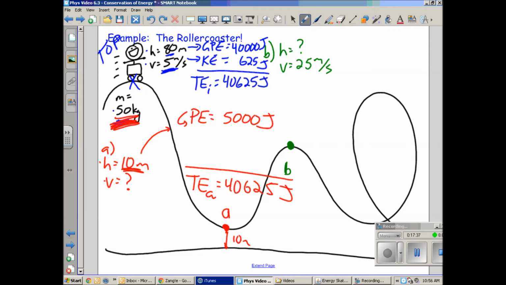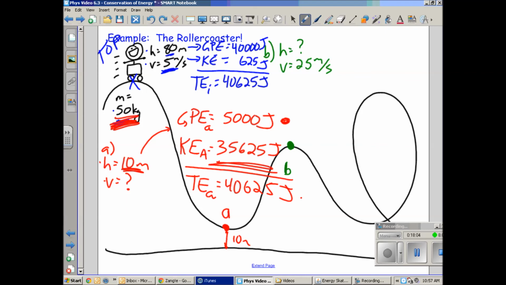So if I know my GPE at point A and my TE at point A, I should be able to find my kinetic energy at point A, right? Because they have to add up. So we're saying 5,000 plus what equals 40,625. So it's got to be 35,625 joules. Right? That's the only way they would add up. I just subtracted. Okay?